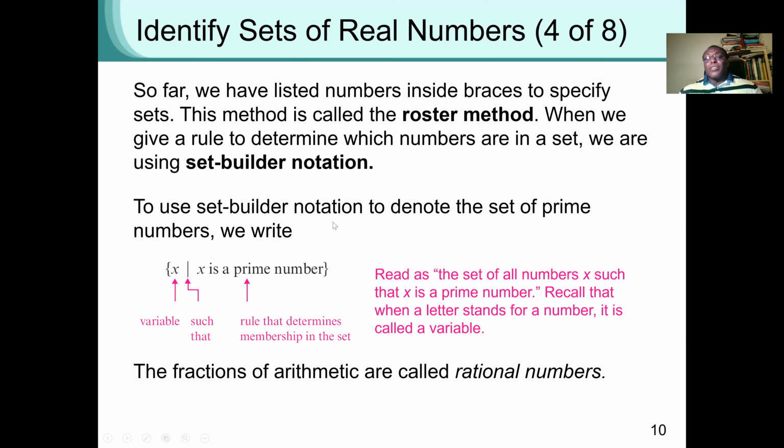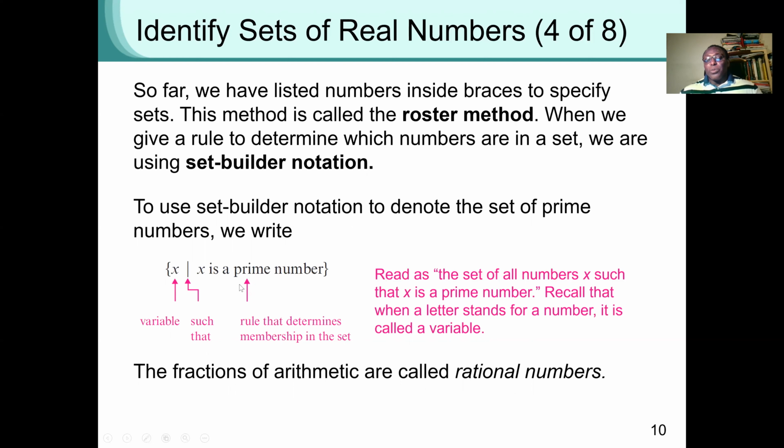So far we have listed numbers inside the braces to specify sets. But there's also another way we can write it. This is called set builder notation. So if I have X values that are prime numbers, I can say X, where X is our variable, then the vertical line, which we read as "such that", so we say X such that the rule, X is a prime number.